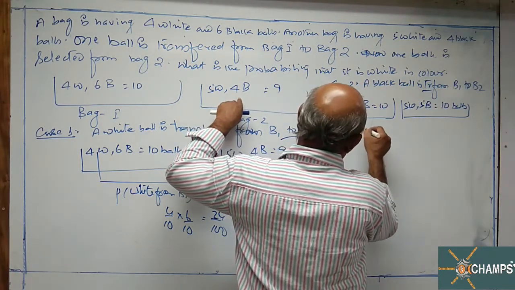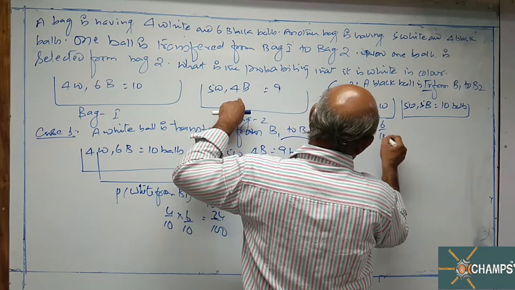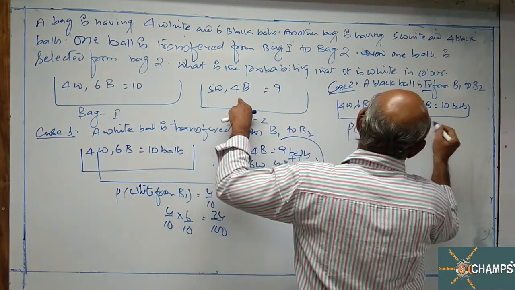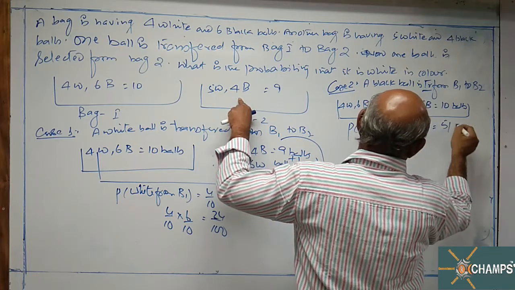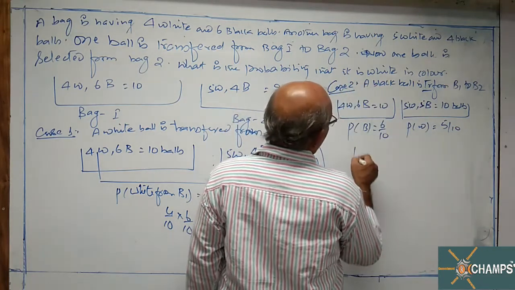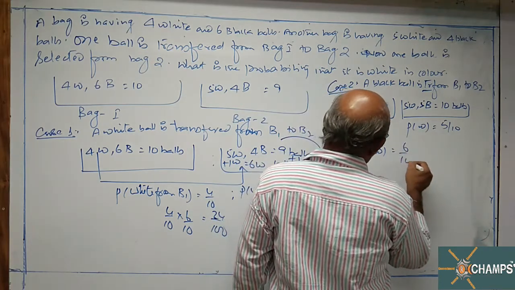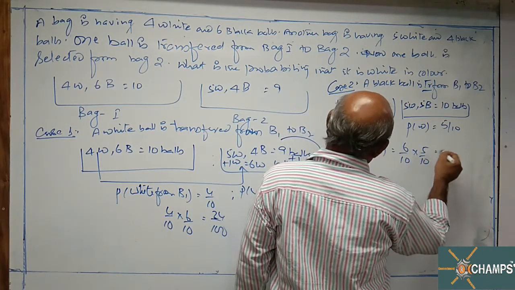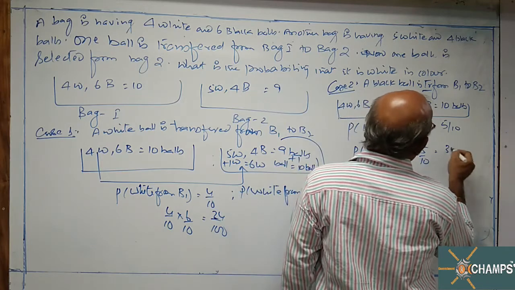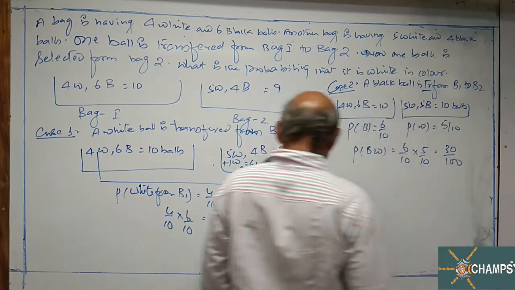So probability of drawing a black is equal to 6 by 10. Probability of drawing white here is 5 by 10. So probability of black and white is 6 by 10 into 5 by 10, which is equal to 30 divided by 100.